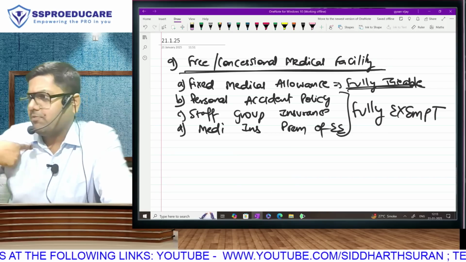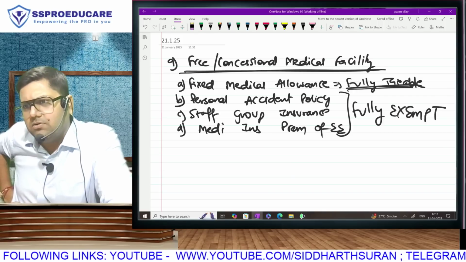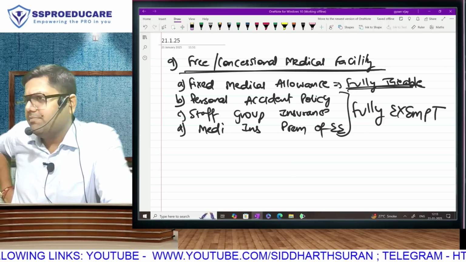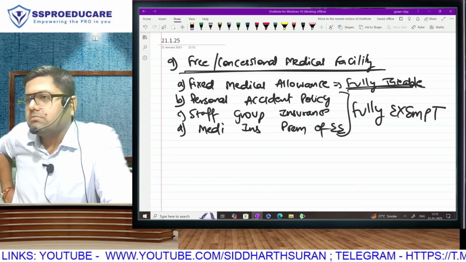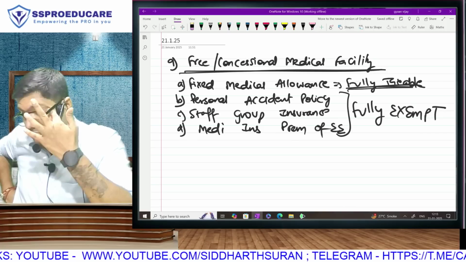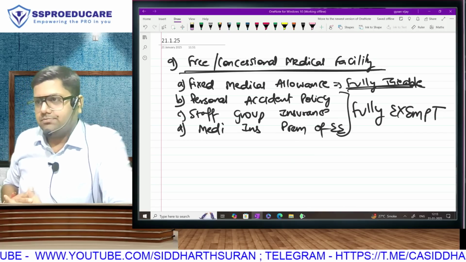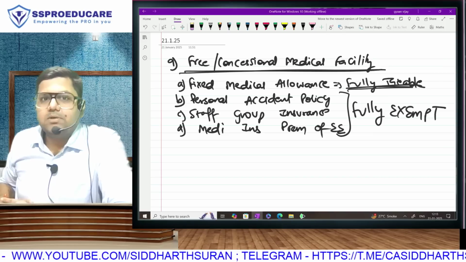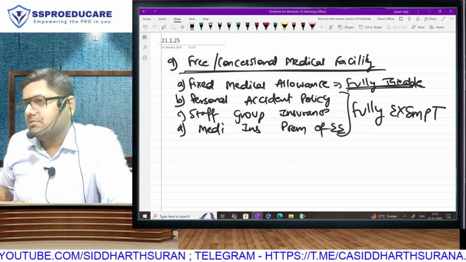He pays premium for my policy. Am I getting benefit? Then why exempt? Then it should be taxable. Why exempt? But I am not paying. No, am I saving? Then I should pay tax.